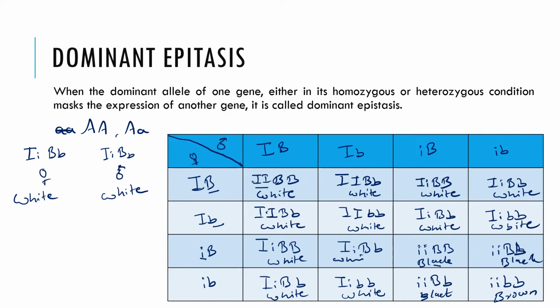What do we see over here? In absence of a dominant allele in one of the genes, a new character is expressed. So you see black colored babies in three progenies, and one with brown.